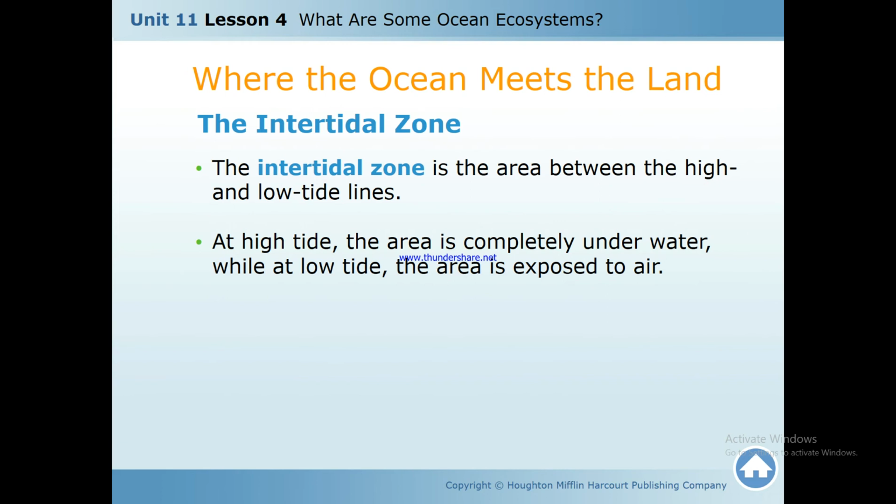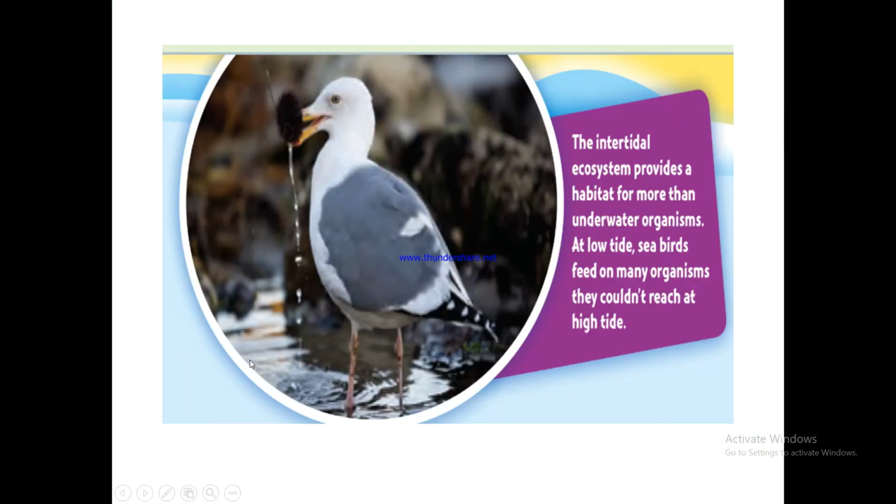Of course, the longer they are exposed, the greater their chance of being eaten by birds or other animals. If they're out of water for too long, they may become weak.